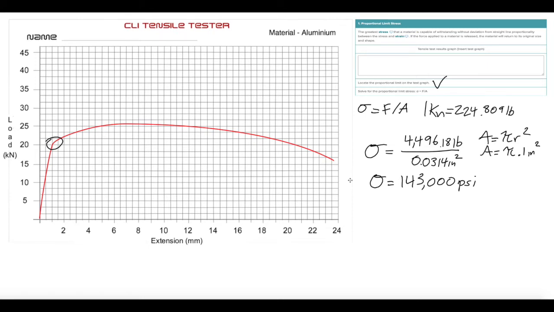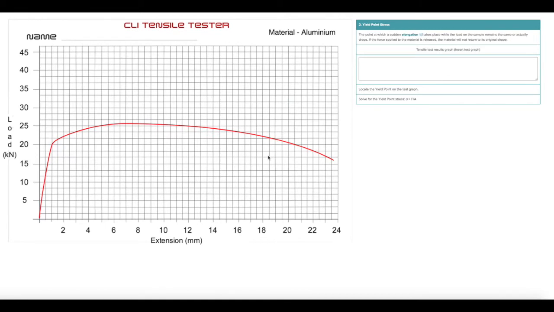Let's move on to question number 2. All right, so here we are, question 2, which is now talking about the yield point stress. So pretty much you can see that it's the same exact question, but now, instead of talking about the proportional stress point, it's talking about the yield point.